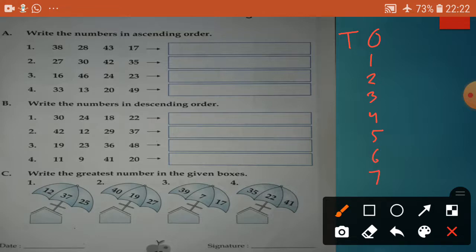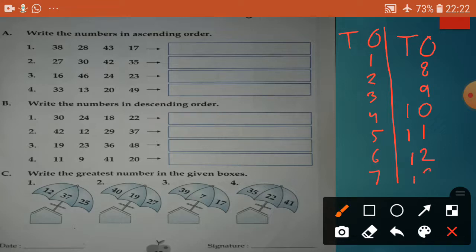Okay, I write here, show you. Tens, 1, 7, 8, 9, 10. Now you write 11, 12, 13.